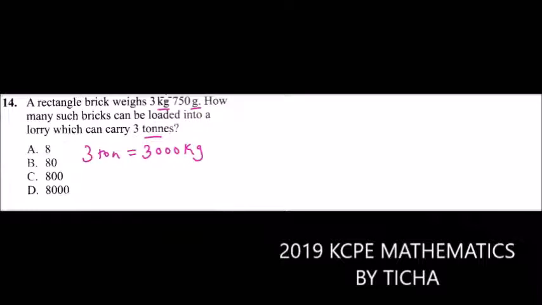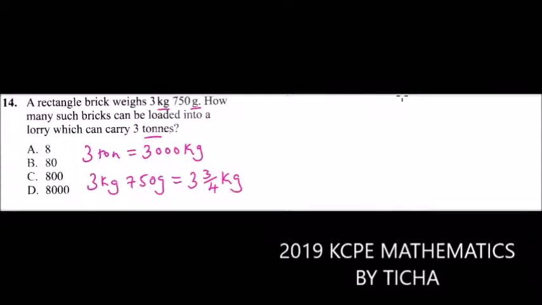Then we have 3 kg and 750 grams. Since 1 kg is equal to 1,000 grams, this is equivalent to 3.750 in decimal, which is the same as 3 and 3/4 kg.